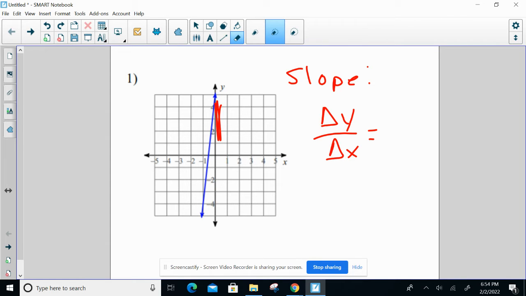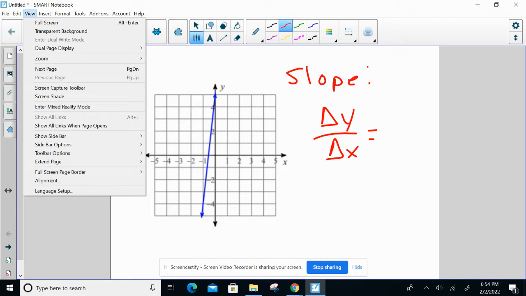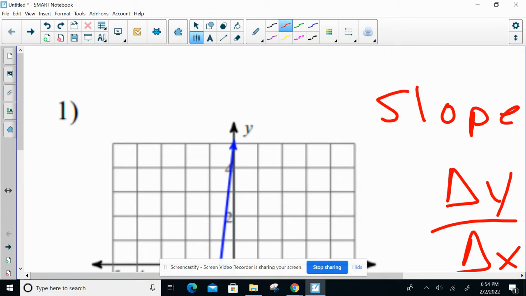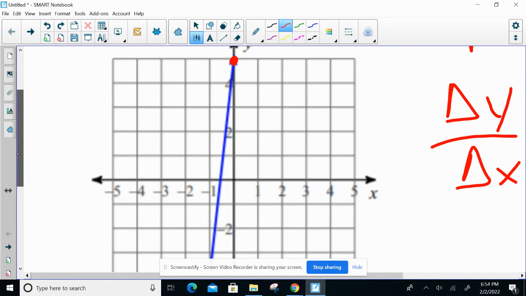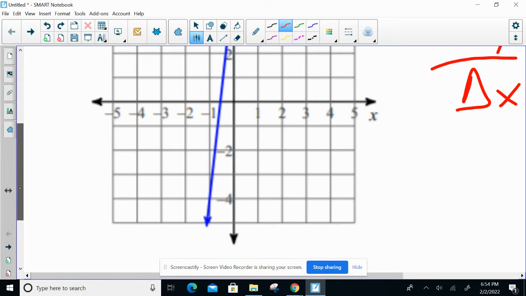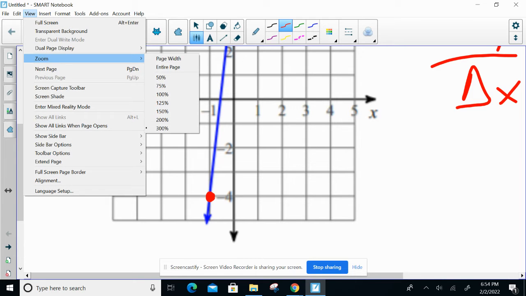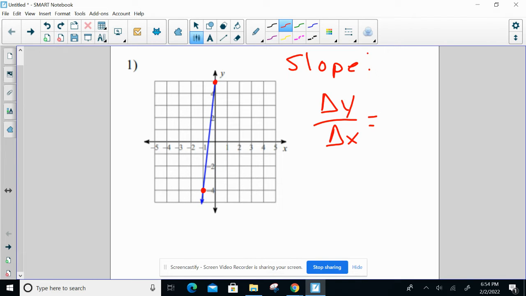It's hard to see, so let me zoom in a little bit. It doesn't look like 4. I thought it was 4 at first. It looks like it's 5. 5 would be a nice point right there. And if we go down, not a nice point. Doesn't look like there's another nice point until right here. So just be careful when you're picking your nice points.